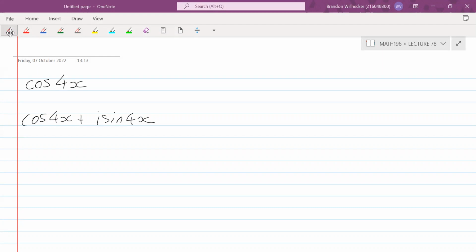So we add this extra part on, but using De Moivre's theorem, we know that we can write this full thing as cos x plus r sine x, and this 4 we can take out and put as the exponent. Now we just need to expand this right-hand side using the binomial theorem, get the real part since we're interested in cos, and that's going to be our final answer.